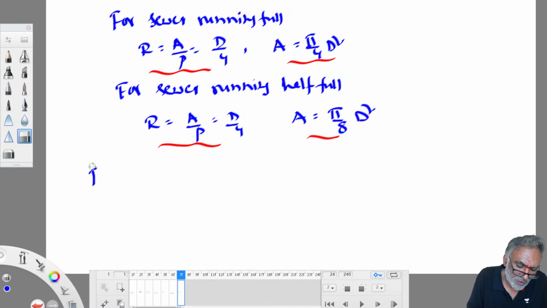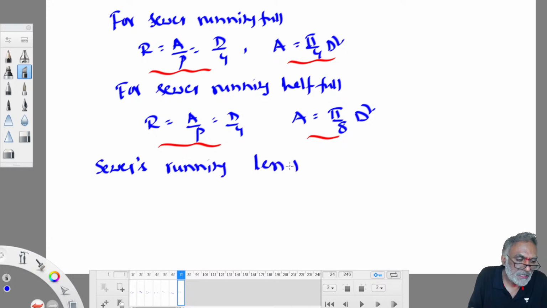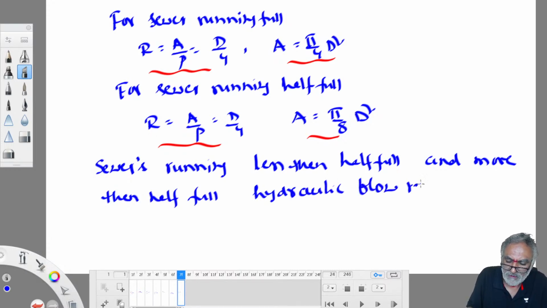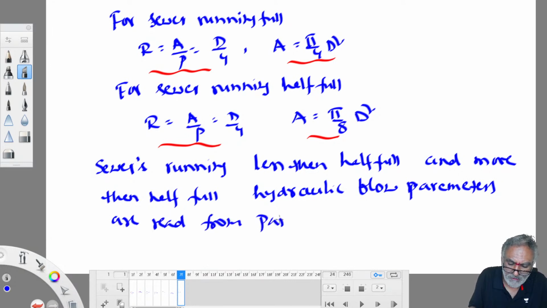For sewers running more than half full or less than half full, hydraulic flow parameters are read from partial flow diagrams or partial flow tables.